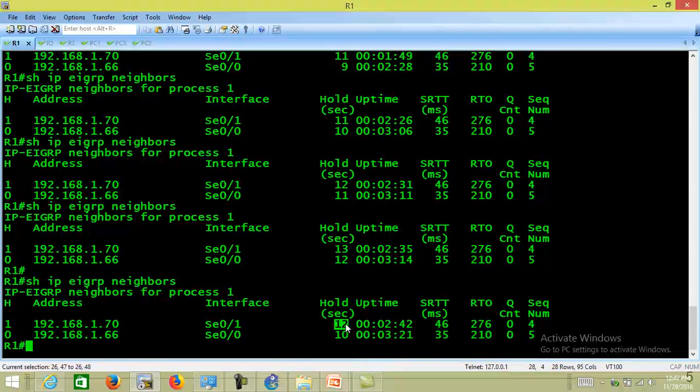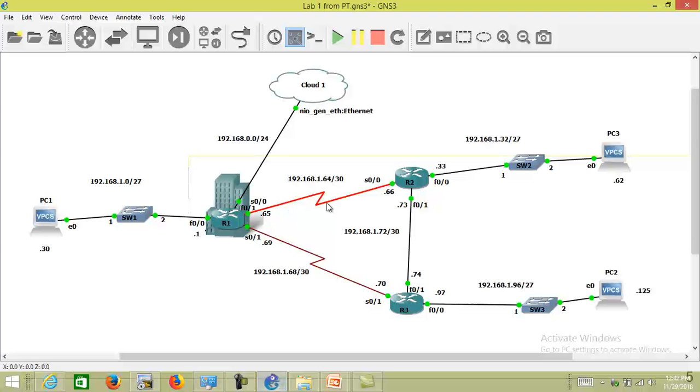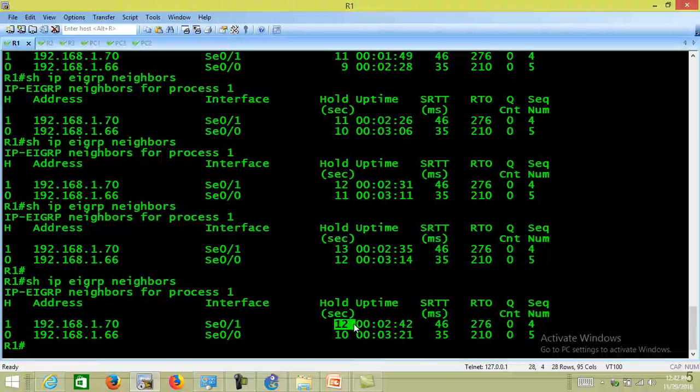So you see it's not going below 10 because we said the hold timer is 15, and once every 5 seconds you're sending a hello packet. In this case, because our network doesn't have congestion, we're not missing hello packets. And this stands for, I think, smooth round trip timer. Anyway, those are stats to do with that protocol.